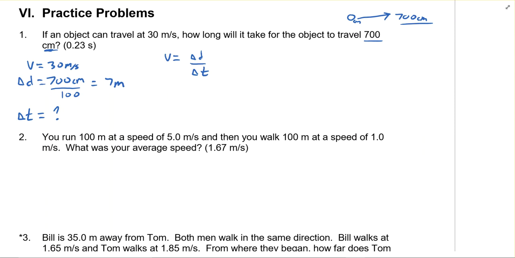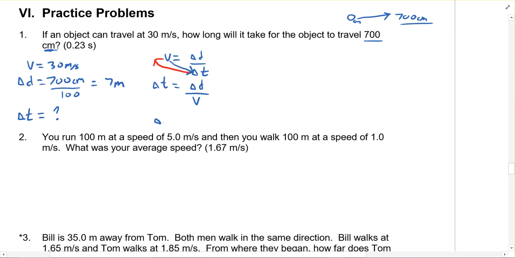I'm going to bring time up to this side of the equation, multiply both sides by time if you want to think about it that way. Time is equal to change in distance divided by velocity. I just brought V down to that side too, so we just kind of swapped them.